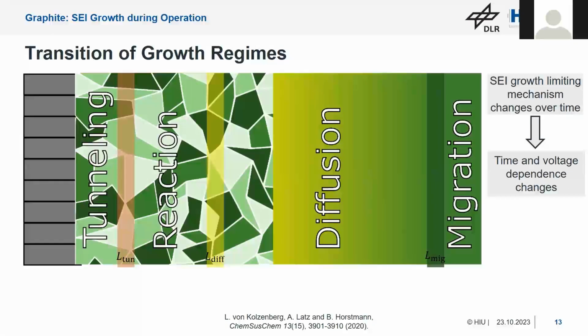And then we can take our model and bring it from just storage to also cycling. And we analyze what's going on then. And we said that the inner layer is probably about tunneling. Then we have an electron diffusion control regime.